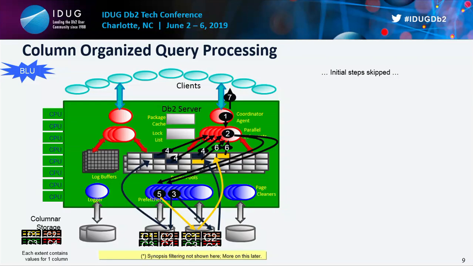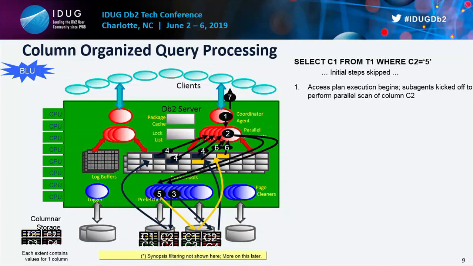So how would that work in BLU? When we get to the BLU part, you'll realize I oversimplified this a lot, but we'll skip those initial steps. We're going to just start with it's already executing. We know that we're trying to look for C2 equals 5, so the only thing it's going to scan is the C2 column.